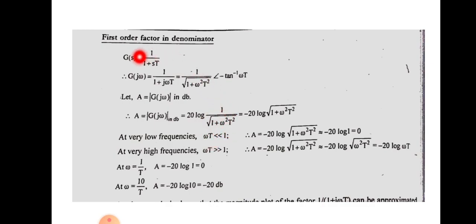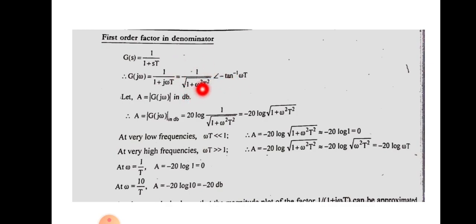You know that modulus is obtained by taking the square root of the square of the real term plus the square of the imaginary term. That is why the magnitude will be 1 by square root 1 square plus s square t square. Here instead of s we put j omega, so omega square t square comes, and the angle will be tan inverse omega t divided by 1, that is tan inverse omega t. Since it comes in the denominator side, the angle will be minus tan inverse omega t.